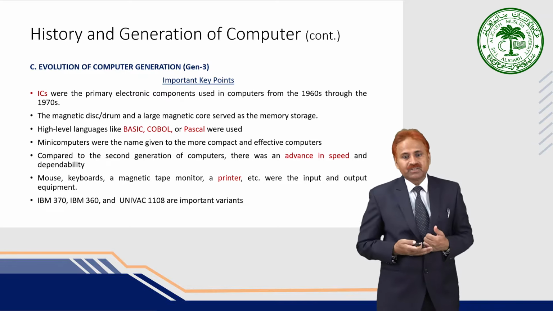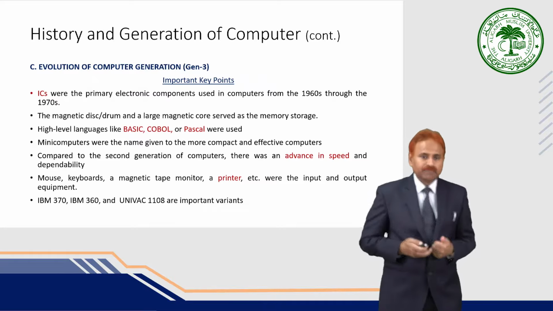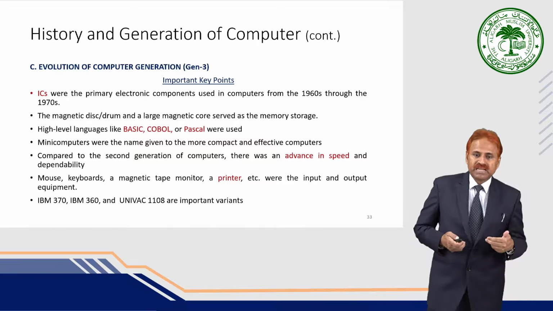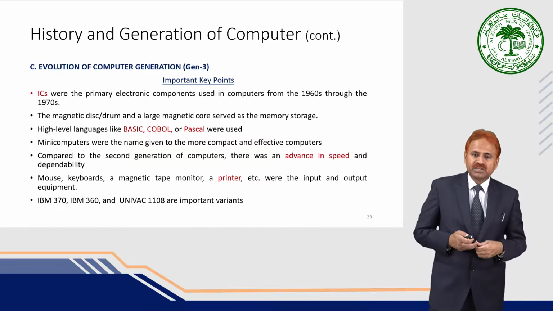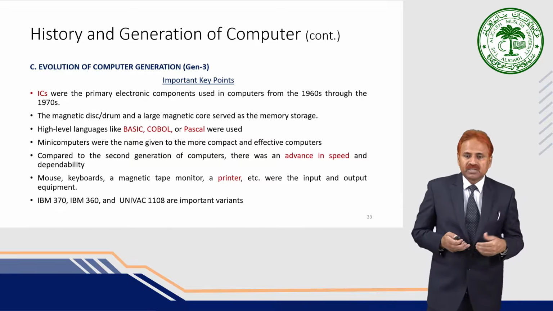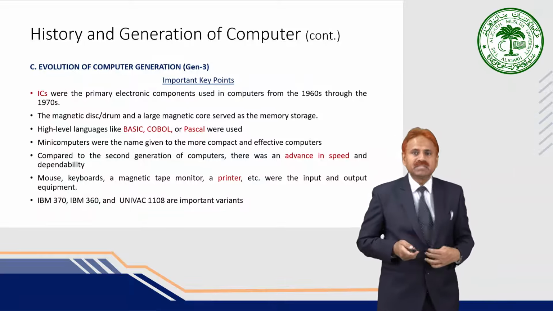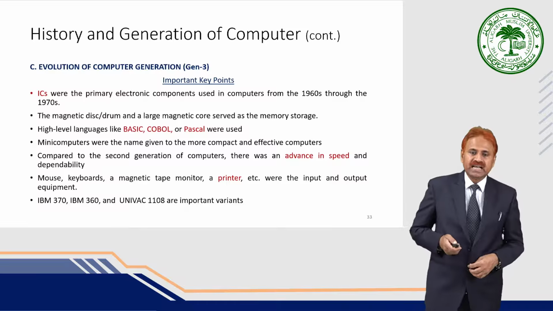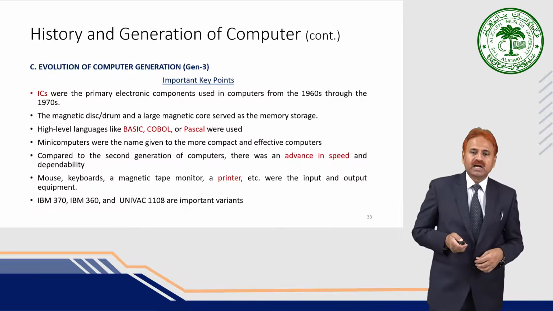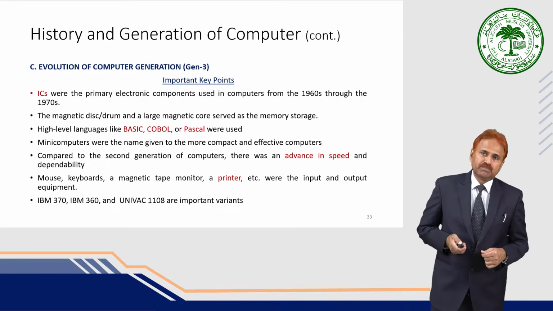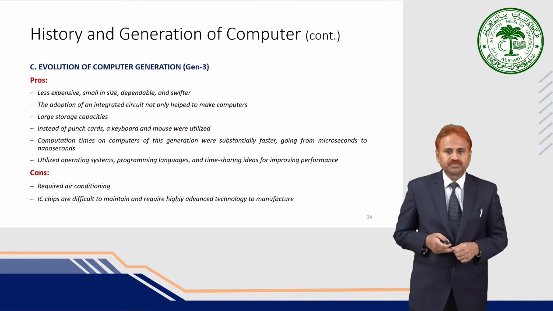Compared to the second generation, there was an advance in speed and dependability. Mouse, keyboards, and magnetic tape, monitor, and printer were the input and output equipment. IBM 370, IBM 360, and UNIVAC 1108 are important variants of computers of this generation.